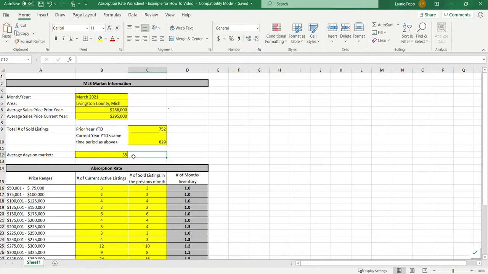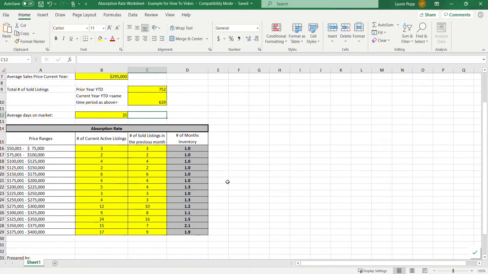You're going to see mortgage lenders, inspectors, everybody is moving at a breakneck speed in order to get these deals done as quickly as possible. So great information that we're putting right up at the top of the report that you'll want to talk about with your clients. But now let's dive into the actual absorption rate itself.